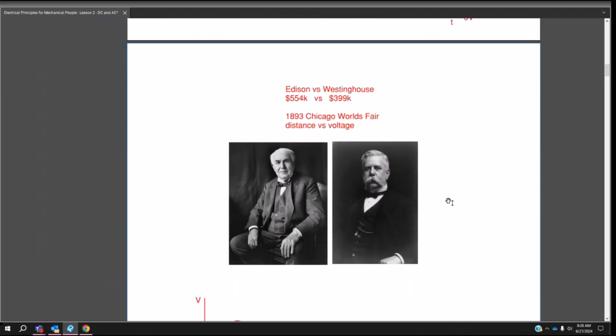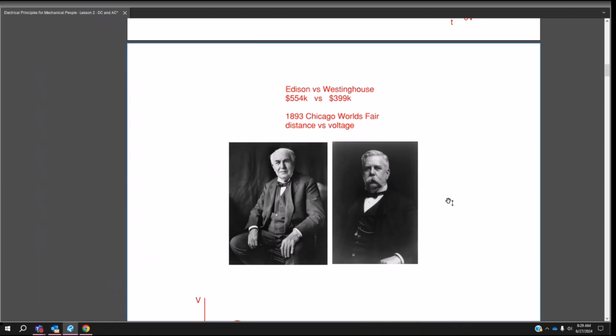When Edison and Westinghouse bid on this, Edison, who was a DC proponent, thought the world was going to go to DC. He bid $554,000. And Westinghouse, who was an AC proponent, knowing this is the direction we would have to go if we wanted long distance runs, bid a lot less.